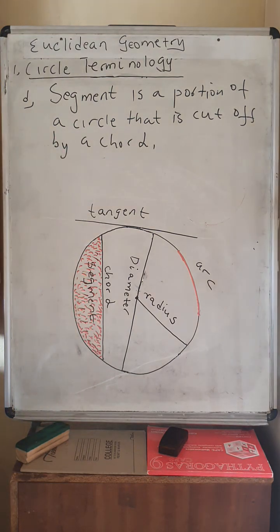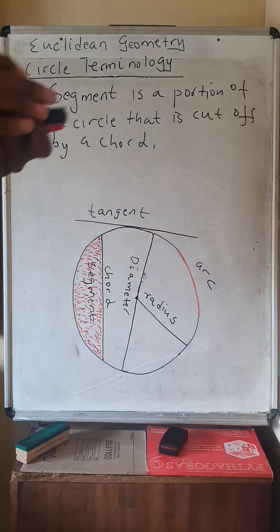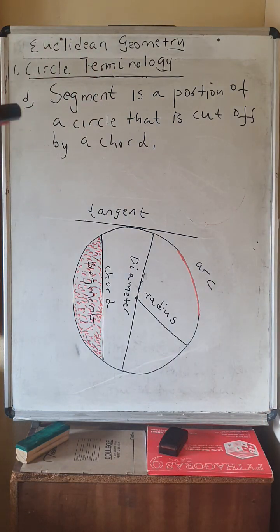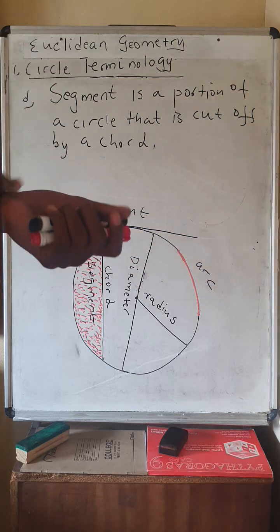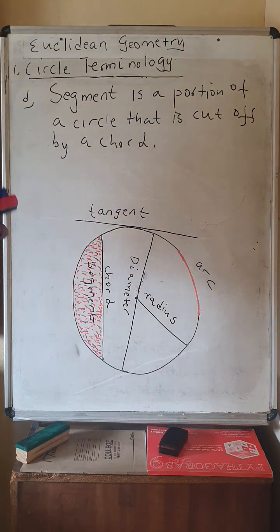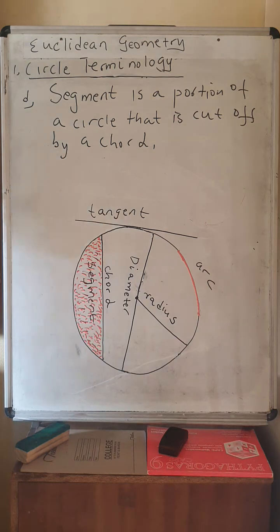So that is what a segment is, as far as a circle is concerned. A segment of a circle is a portion of a circle that is cut off by a chord.